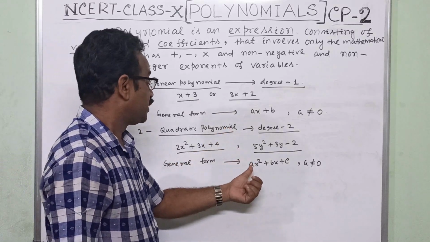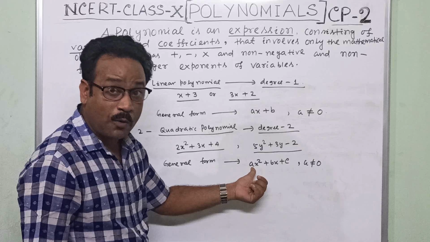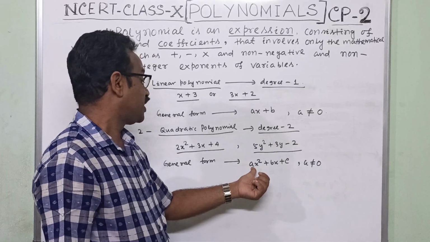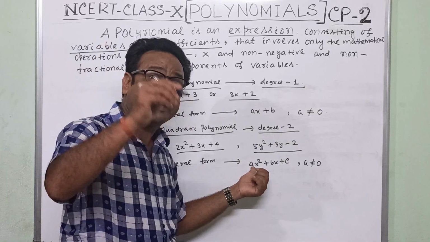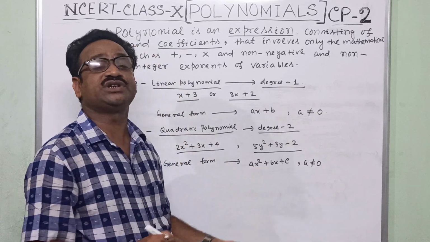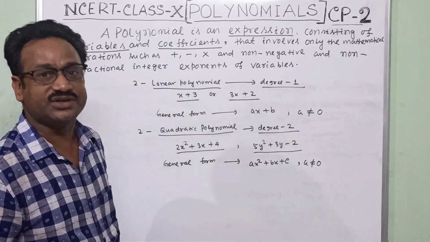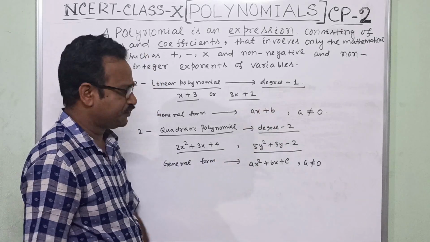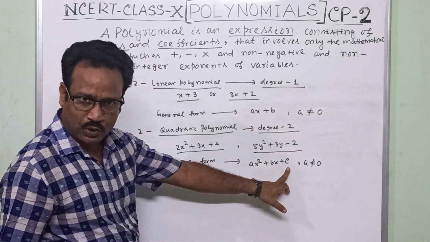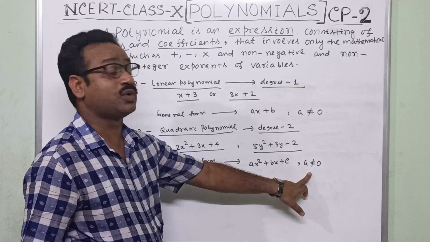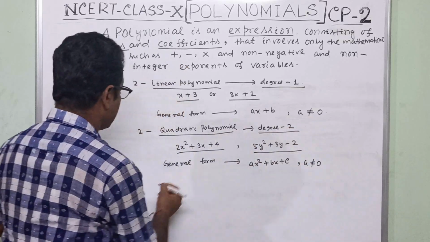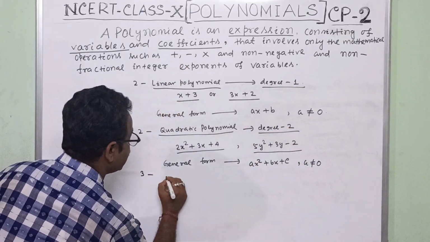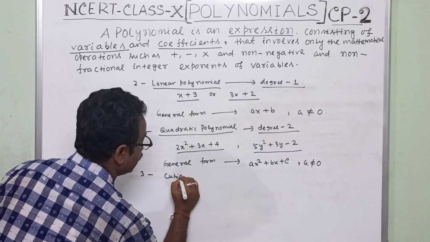The coefficient of the degree giving variable, the variable which gives us degree, cannot be 0. Now b may be 0. Here b and c may be 0, but a cannot be 0.